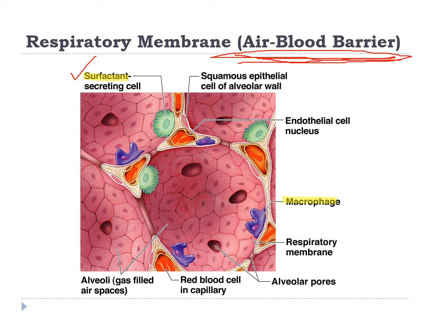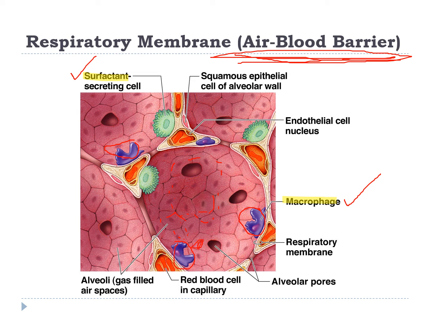The other defense that makes up our air-blood barrier in the alveoli is macrophages. The macrophages are cells, part of our immune defense, if you remember from our lymph lecture, that patrol around the alveoli and eat up whatever debris is caught in the surfactant.